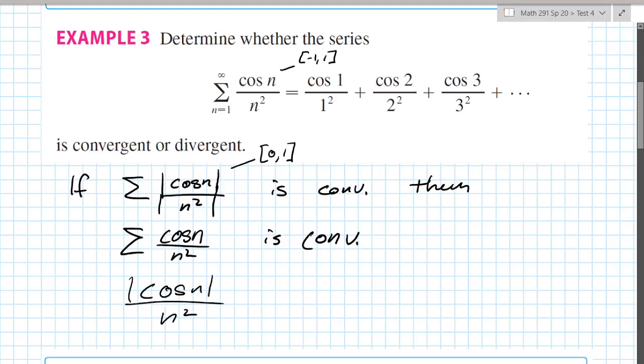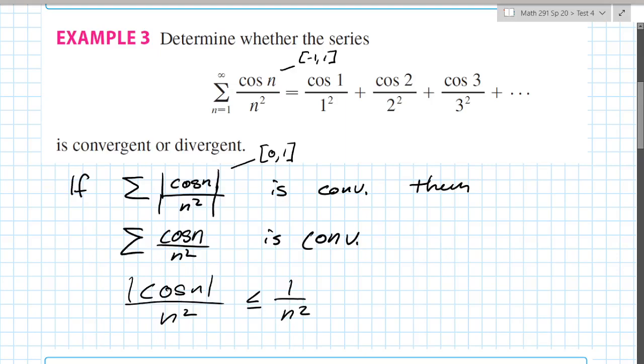We're going to compare it with something that we know is larger that also converges. I got that backwards. The numerator of the left-hand a sub n term is going to be smaller than or equal to the numerator of the right-hand a sub n term, or b sub n term. The denominators are both the same.